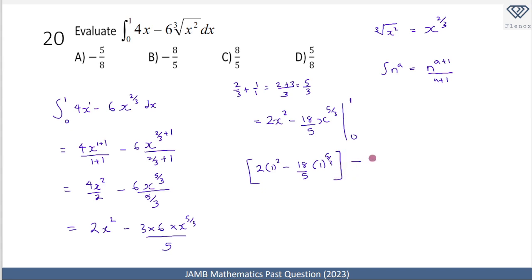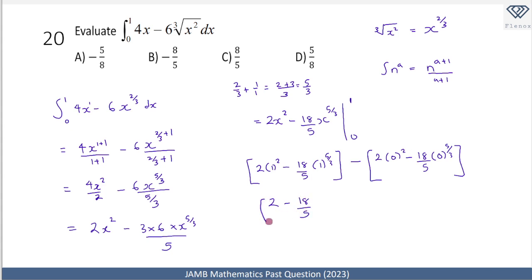Then the lower limit, we substitute the value of x as 0 here, which will be 2 times 0 squared minus 18 over 5 times 0 raised to the power 5 over 3. Then we'll simplify this. 1 squared is 1 times 2, so this becomes 2 minus 1 raised to the power 5 over 3. 1 raised to anything is 1, so this becomes 2 minus 18 over 5.